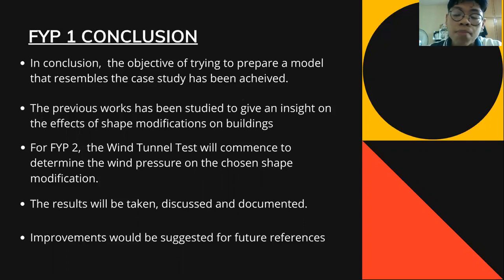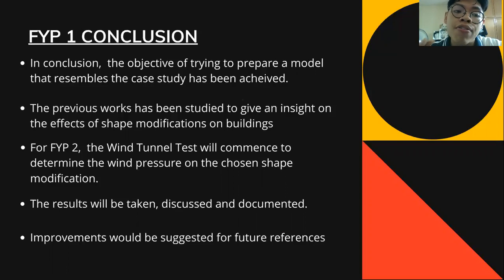The previous works that I have summarized and gone through meticulously with much detail have given me a more detailed understanding and an insight on the effects of shape modifications on buildings. Because of that, it gives me the idea and initiative to take the square shape and a corner modification that was not made by them before.